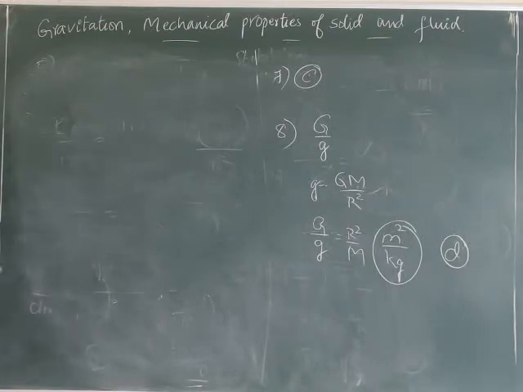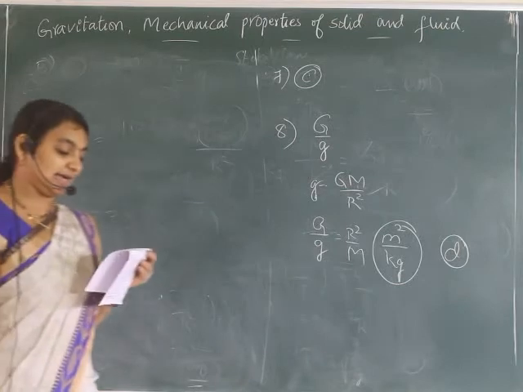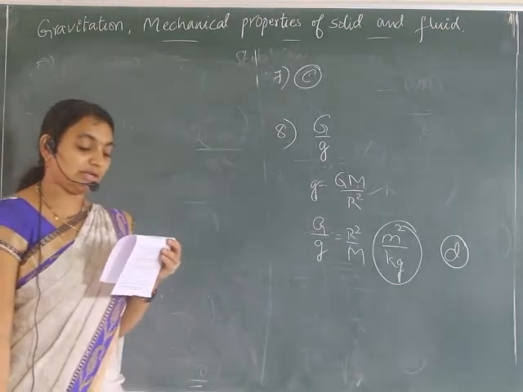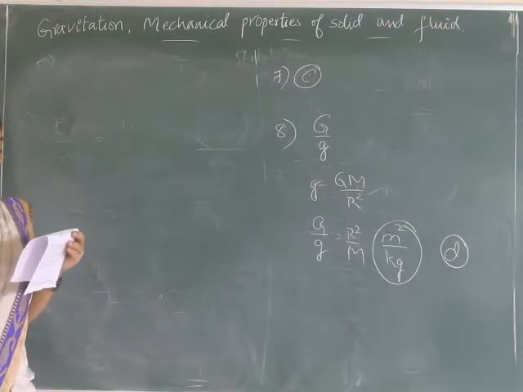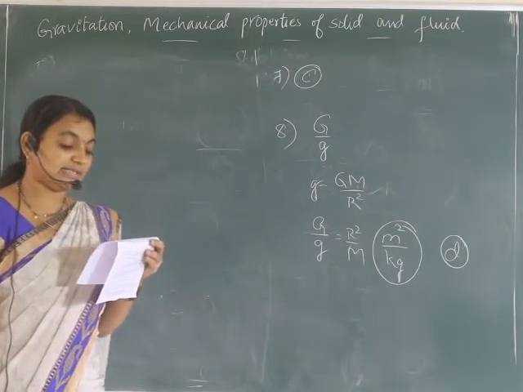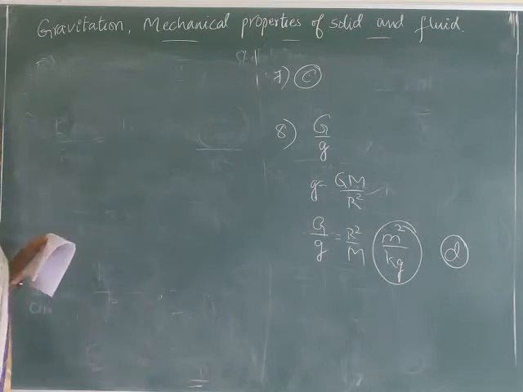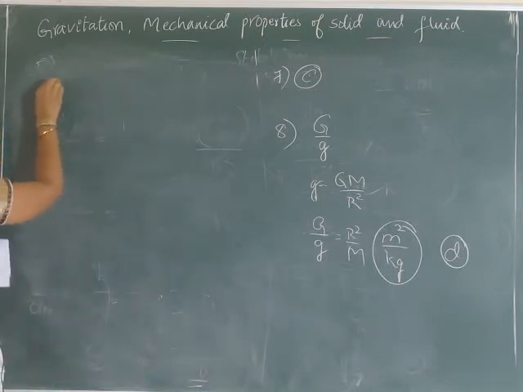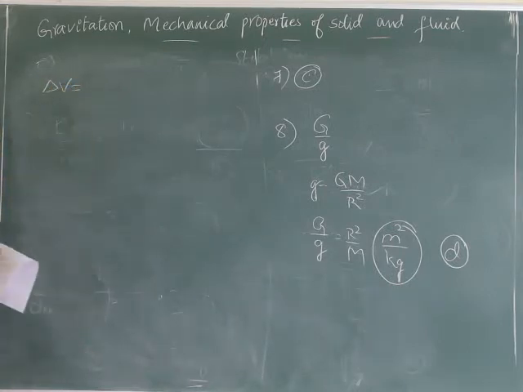What additional velocity must be given to a satellite orbiting around the Earth with radius r to become free from the Earth's gravitational field? So, what extra velocity should be given?